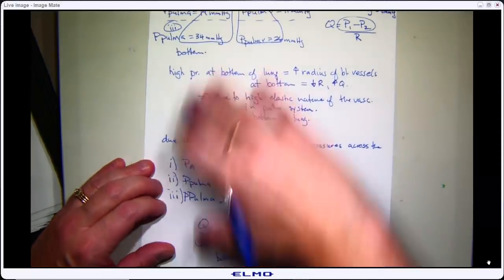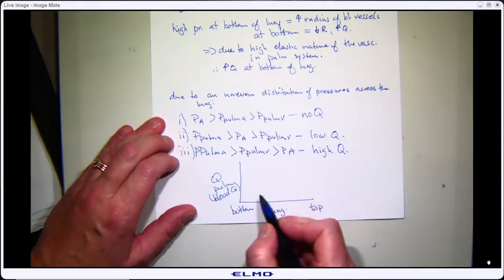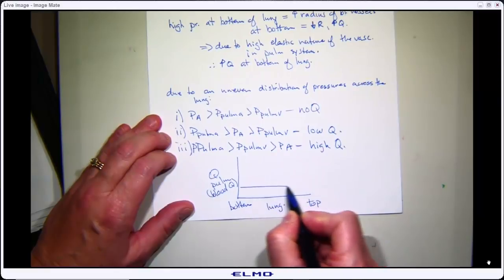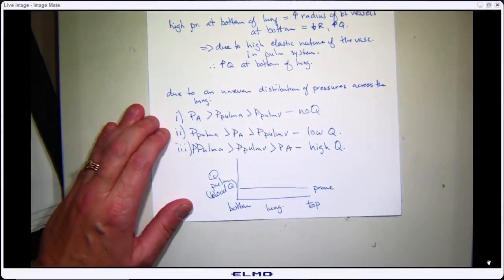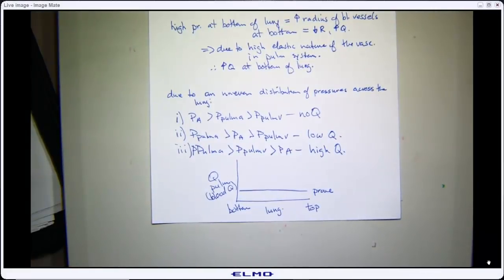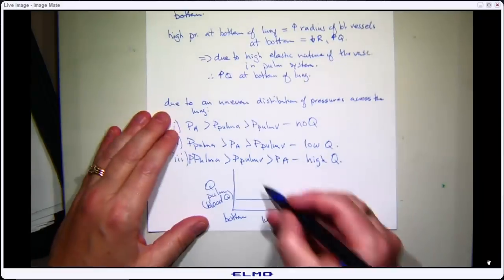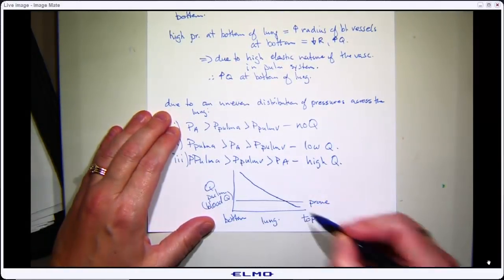If you were lying down, all of this would go away and we would have equal blood flow across the entire system. But you stand up or sit, and you get a distribution of blood flow, highest at the bottom, lowest at the top.